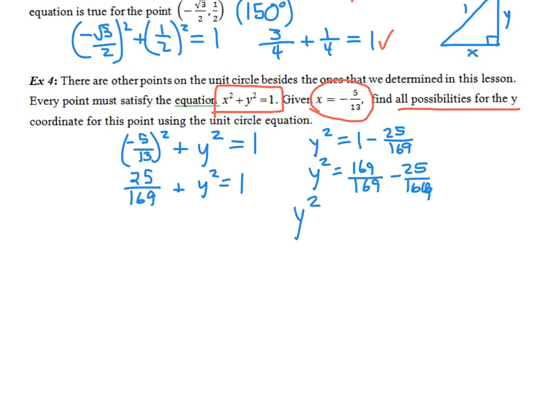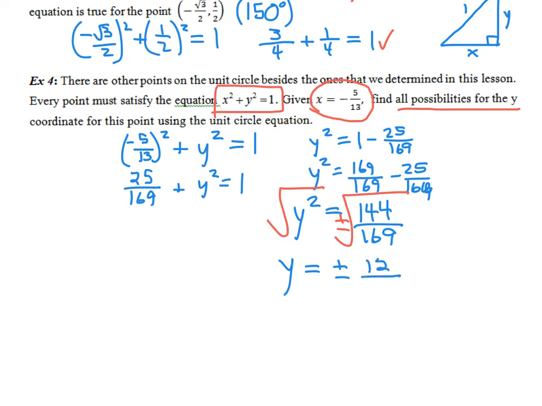So y squared would be equal to 144 over 169. Let's square root both sides of the equation, but of course on the number side we're going to want to include positive or negative. So y would be equal to plus or minus, take the square root of the numerator and denominator, so I'm getting plus or minus 12 over 13. So when x is equal to negative 5/13, y can either be positive 12/13 or negative 12/13.